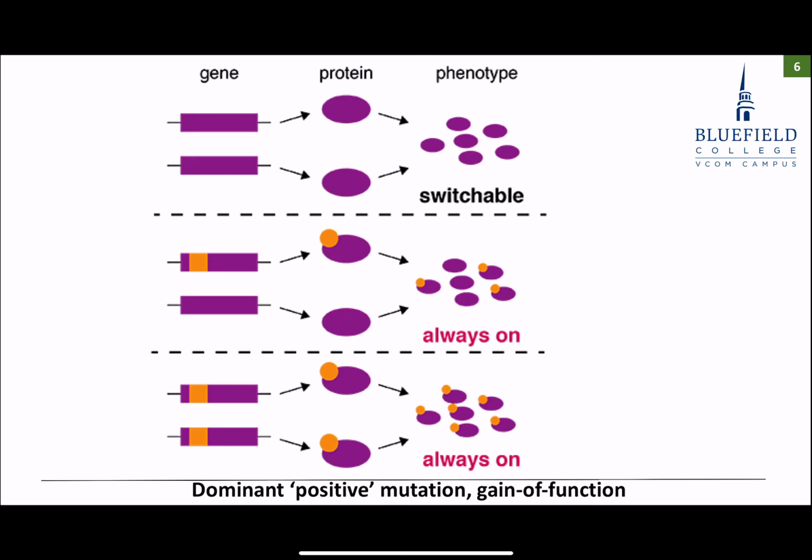When it's heterozygous, there are some normal proteins that compensate for this deleterious effect. But again, because there is no way to turn off these proteins, that leads to a dominant effect. Does that make sense?